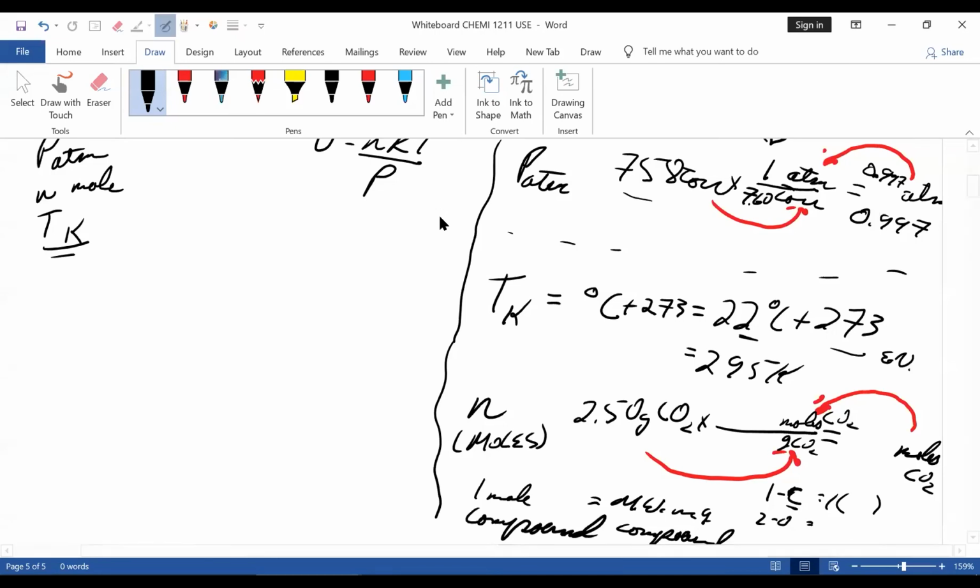So I come over here. I have carbon at 12.0, 2 oxygen at 16.0.